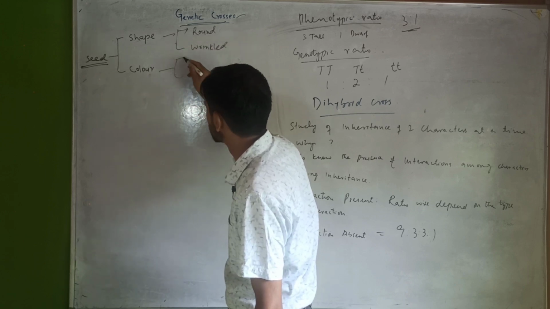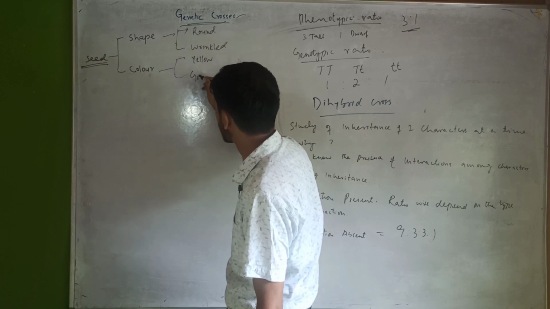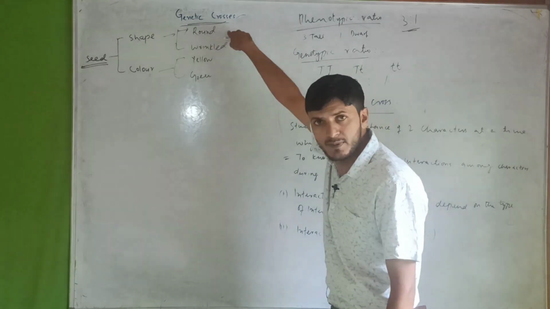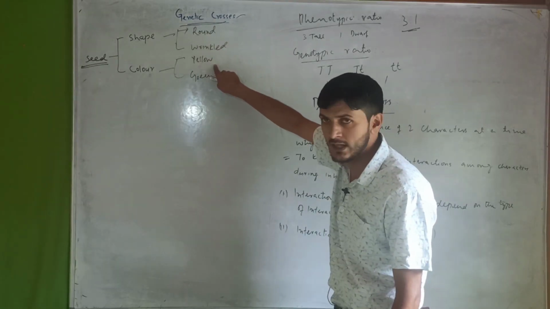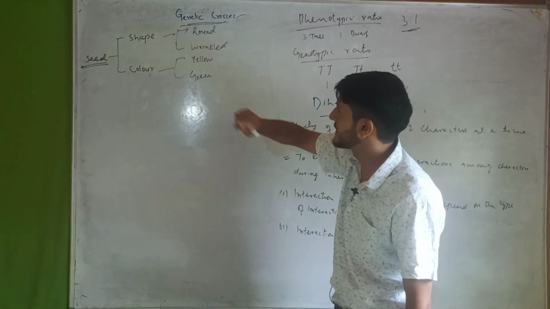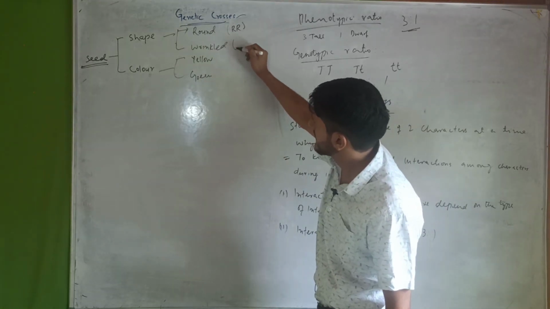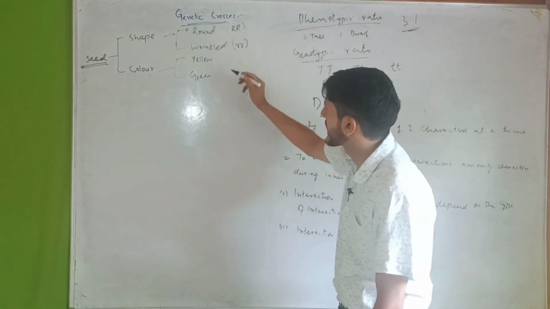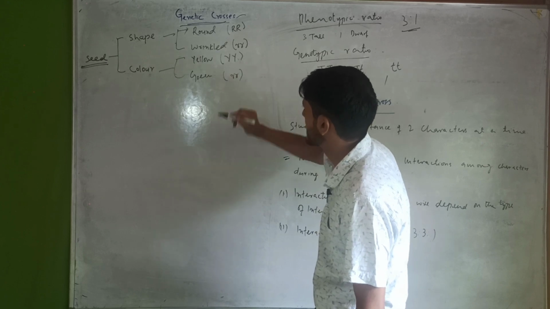For color, it may be yellow or green. Round shape is dominant over wrinkled. Yellow color is dominant over green. Round is represented by capital R, wrinkled by small r, yellow by capital Y, green by small y.